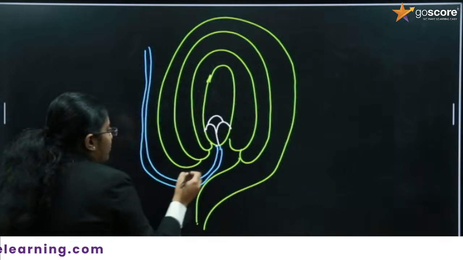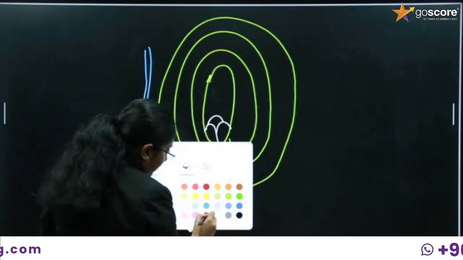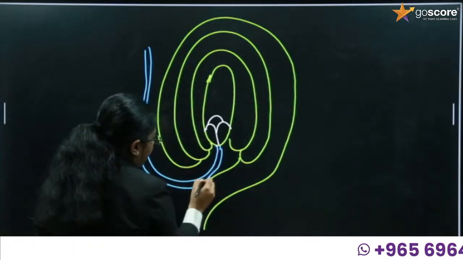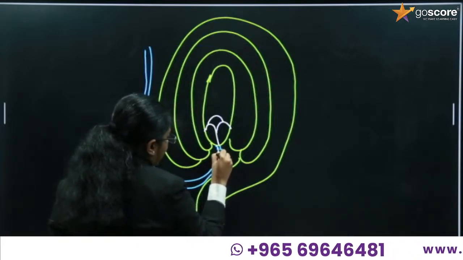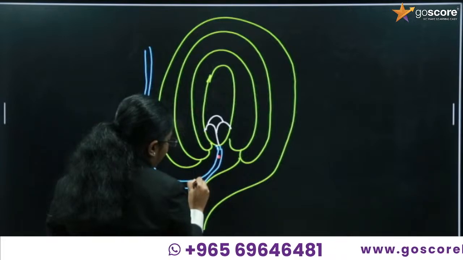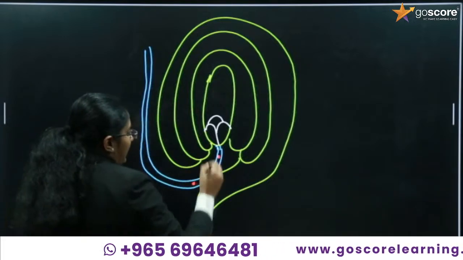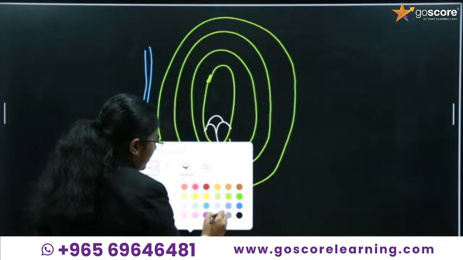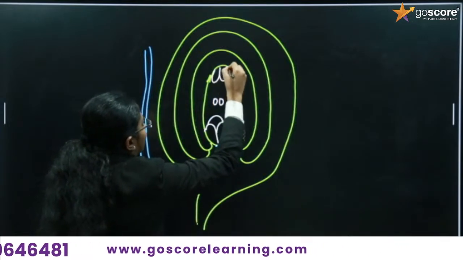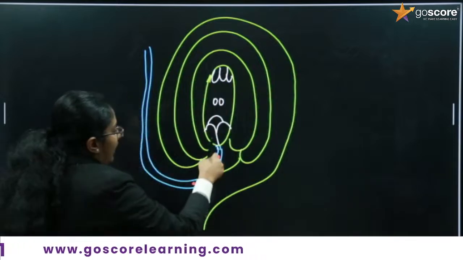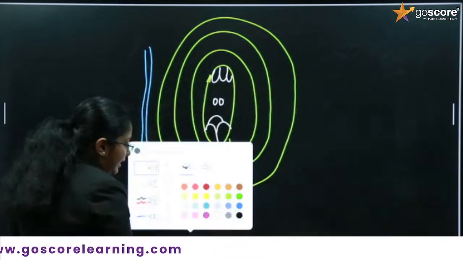Here two nuclei will be present, and these nuclei will be entering. We can call them the male gametes. Then it enters into which part? This is the structure, and it enters into the synergid.